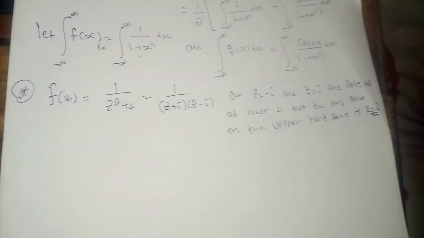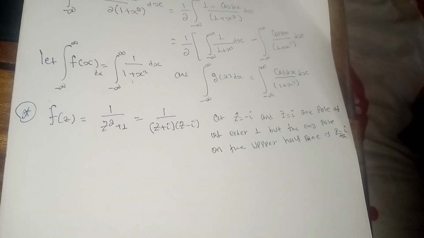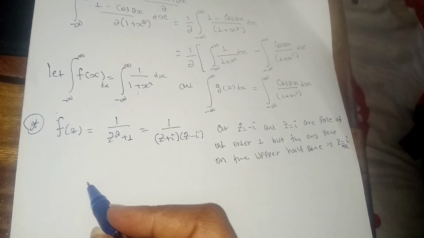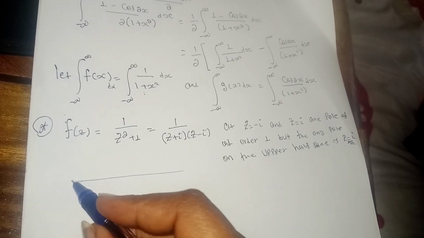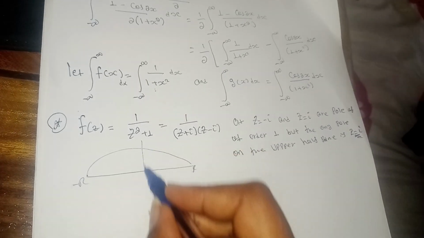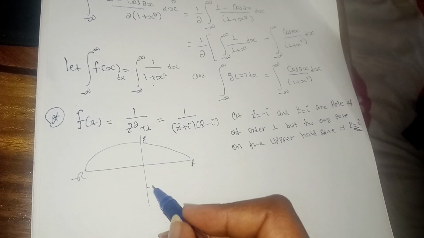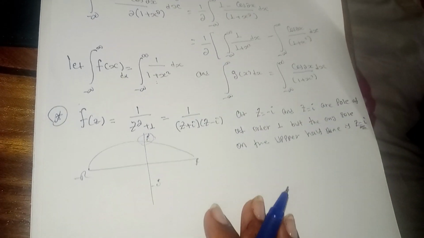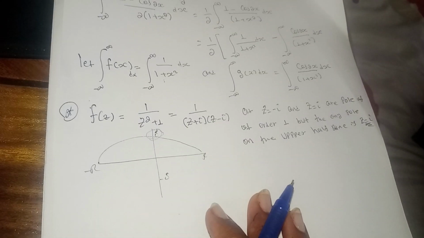So our only upper half plane singularity of this function is at z equals i, and that's why we take z equals i.